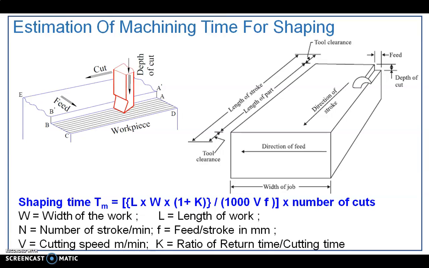Likewise in the width direction, sometimes the tool may move some extra allowance on either side of the workpiece. So for that we need to provide some allowance or extra distance. Let us see in the next slide how much distance has to be provided in the length and width directions.